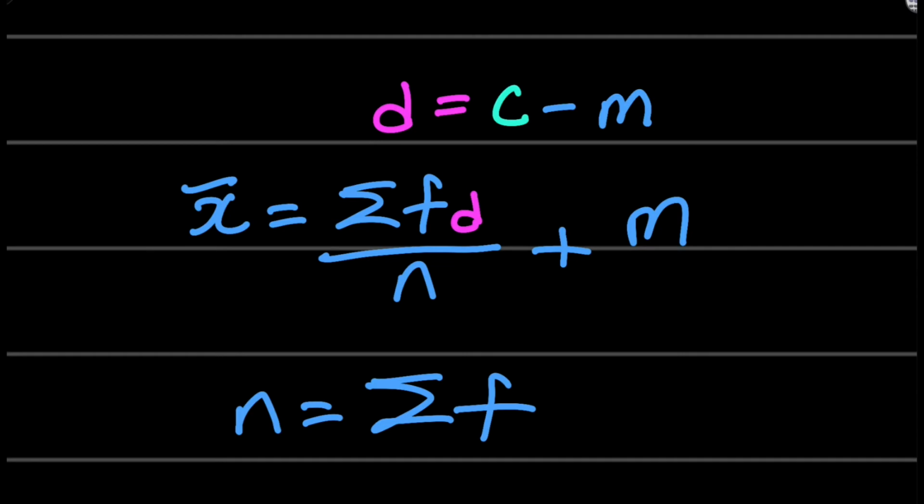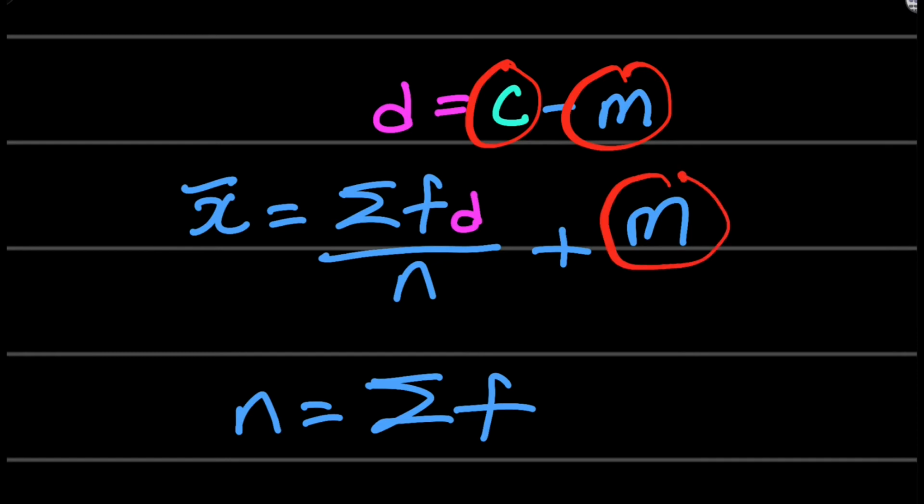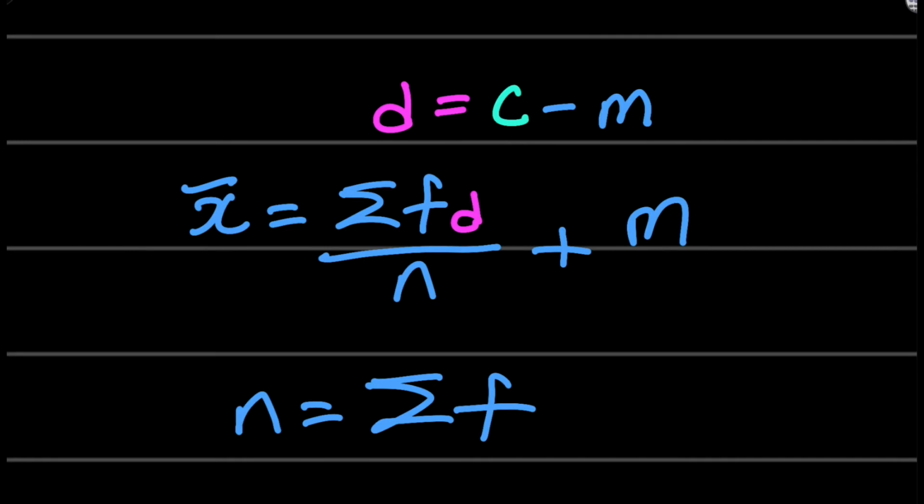We need a representative of the class, and that is usually the class average or the class center. So c stands for the center of the class. Then we subtract m from it. M is still the same assumed mean we talked about earlier. So to compute your d, you simply say c minus m. D here means deviation of the assumed mean from the class center.